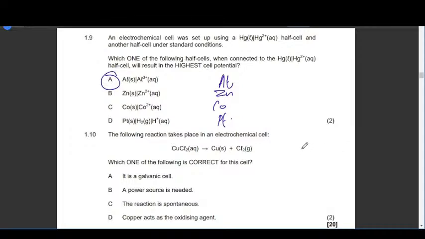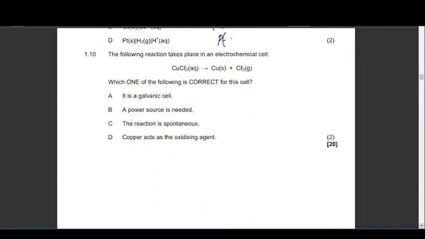The following reaction takes place in an electrochemical cell. Copper chloride, in aqueous state, gives you copper solid and chlorine gas. Now they are saying, which one of the following is correct for this cell?